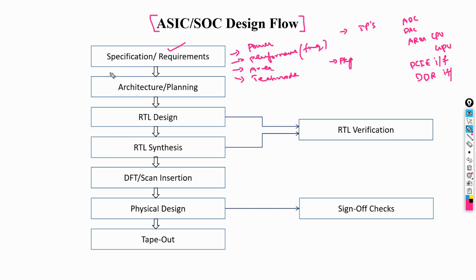Once you get this from the customer, you need to decide the best way to put this across, how you expect these IPs to interact among themselves, and how you are going to achieve, say, an ARM CPU frequency of 2.4 gig.